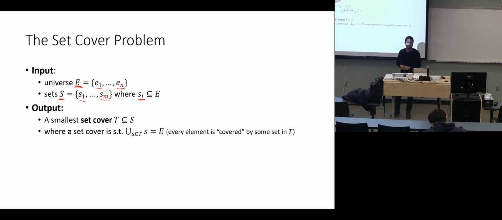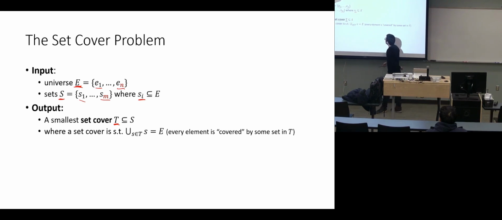Okay? And what you want is to find the smallest set cover T, which is a collection of sets. What I mean by set cover is that when you union all the sets in T, you get everything in the universe.